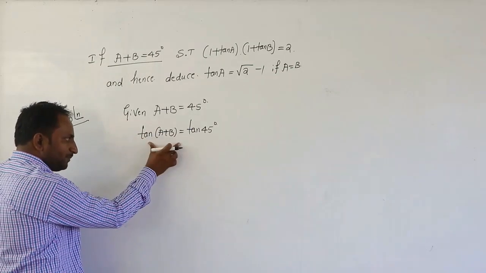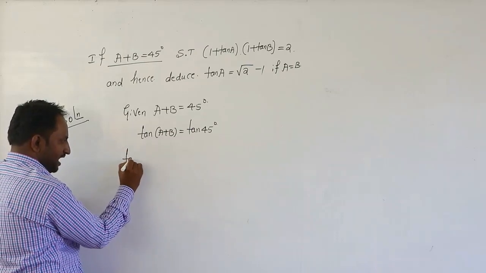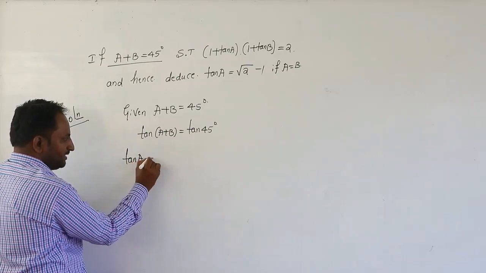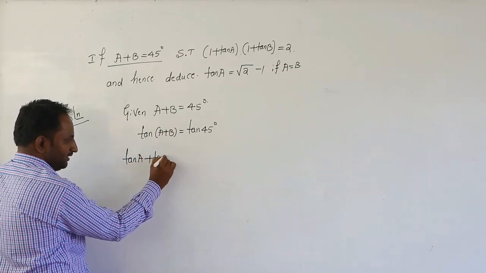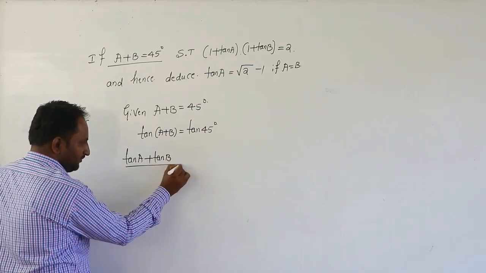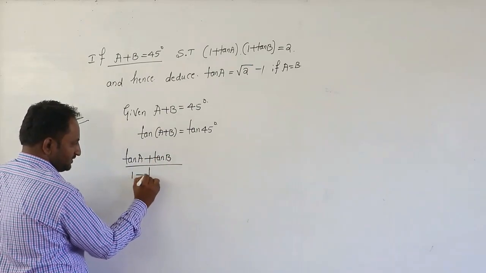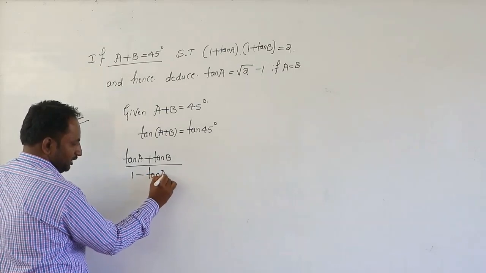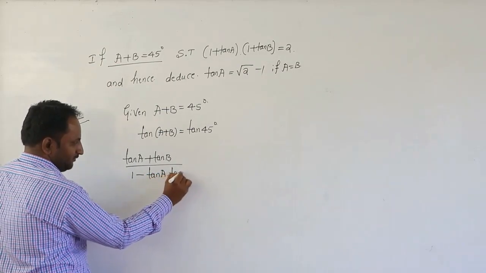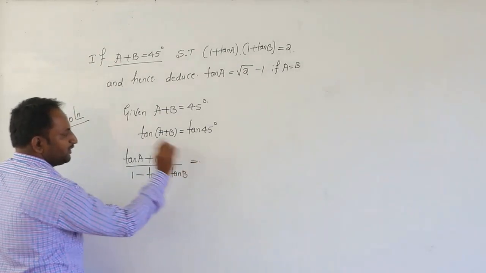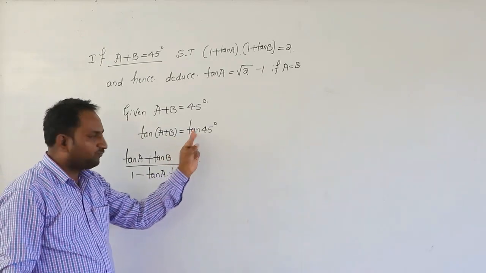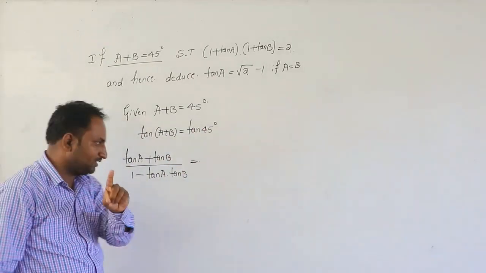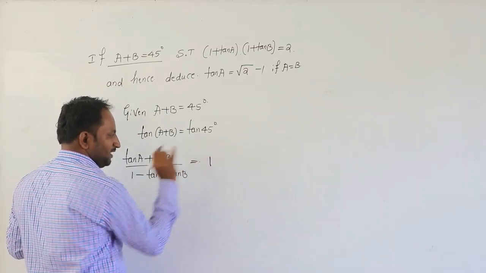Tan of (A plus B) is written as (tan A plus tan B) divided by (1 minus tan A into tan B). Then again we know that the value of tan 45 degrees is 1.